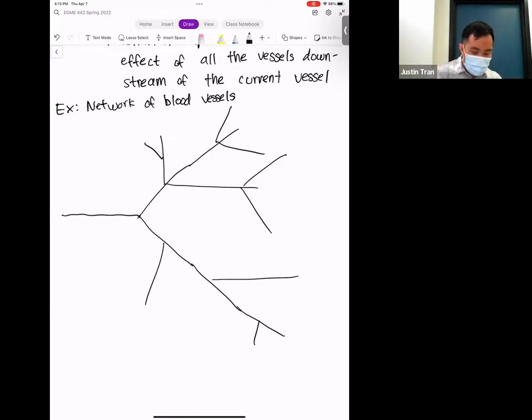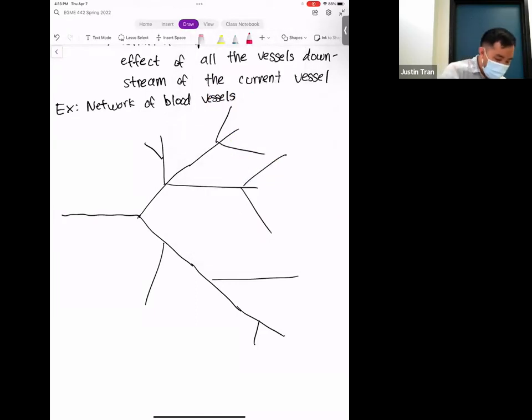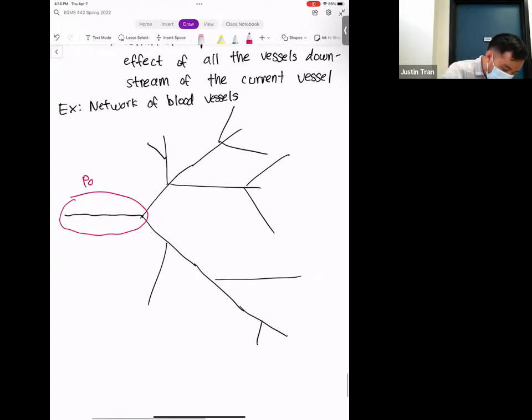And so let's say that we want to focus on this particular vessel right here. So we want to look at the parent vessel, right? This parent vessel is going to have its own characteristic impedance, because it's a single vessel.